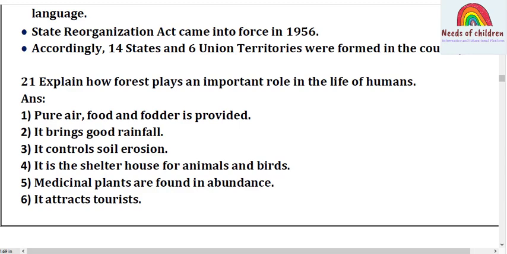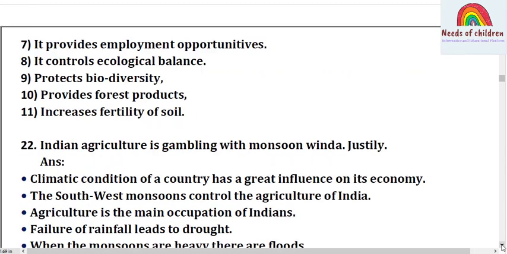It brings good rainfall. It controls soil erosion. It is the shelter house for animals and birds. Medicinal plants are found in abundance. It attracts tourists. It provides employment opportunities. It controls ecological balance, protects biodiversity, provides forest products, increases fertility of soil.